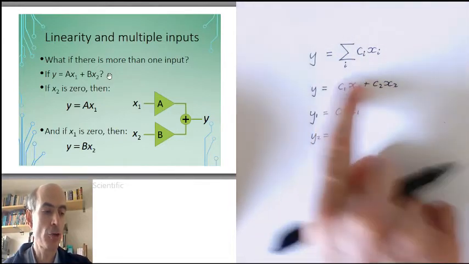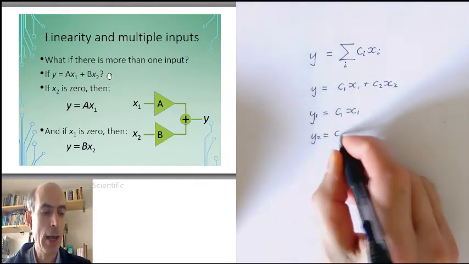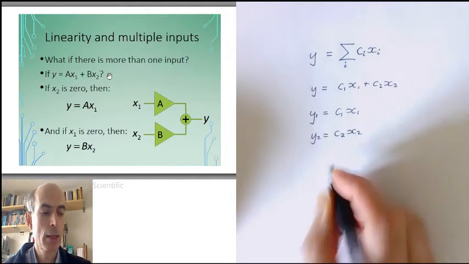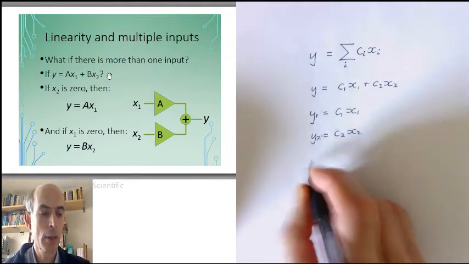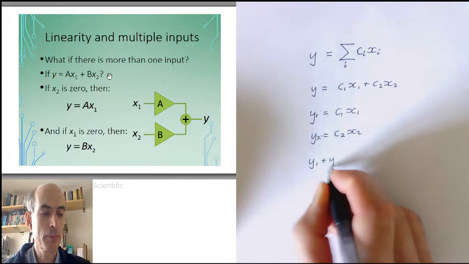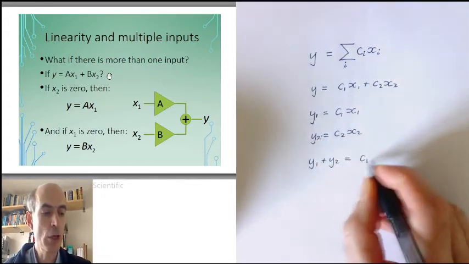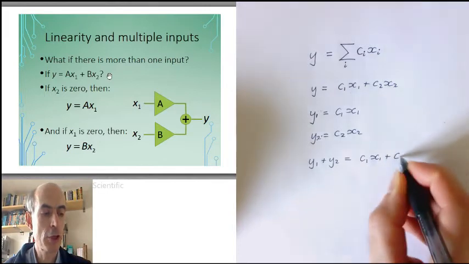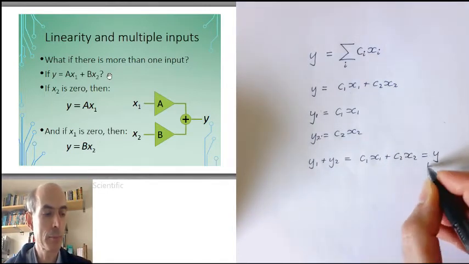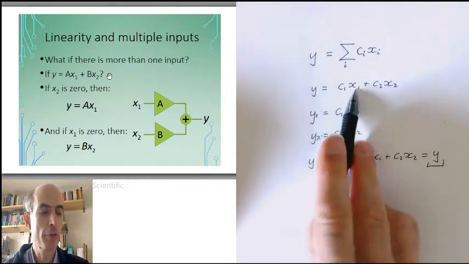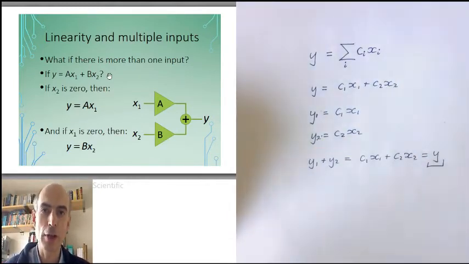Well, that would be just c2 x2. If I add up these two contributions to y, I would end up with c1 x1 plus c2 x2, but that's just equal to y, the output when both of those inputs are present at the same time. This is the fundamental idea behind superposition.